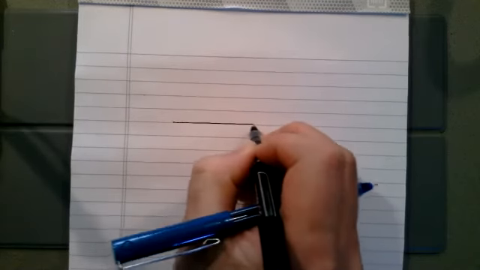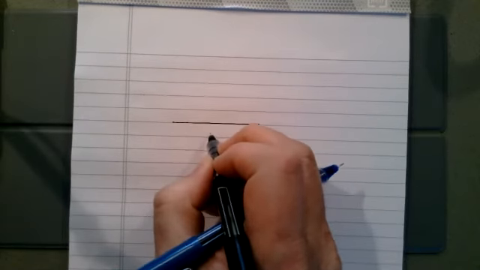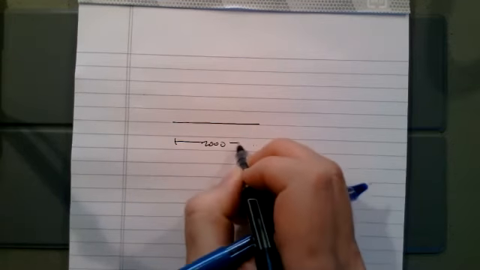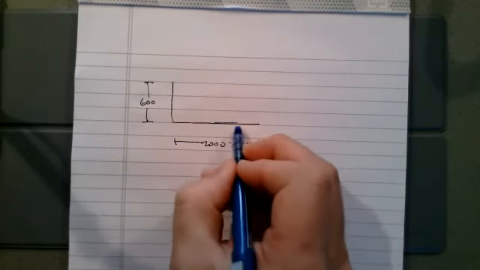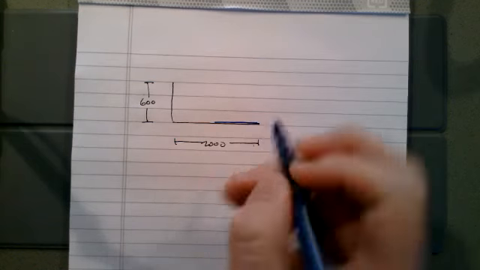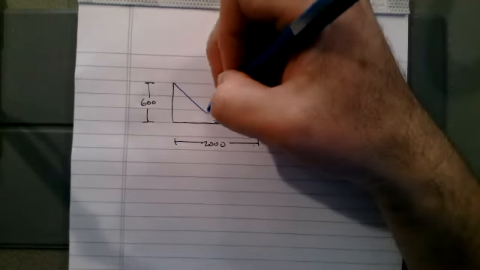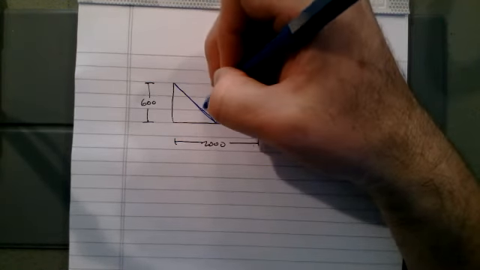It could be that here's my 2000 along the sidewalk. Here's our 600 along the grass. Our path is going to be along the sidewalk for a little while, and then along the grass directly to the bus stop.